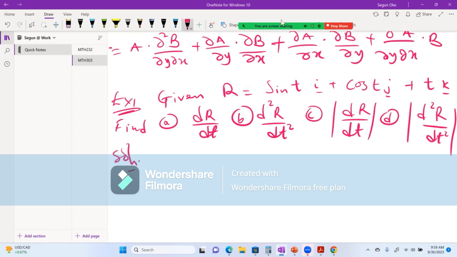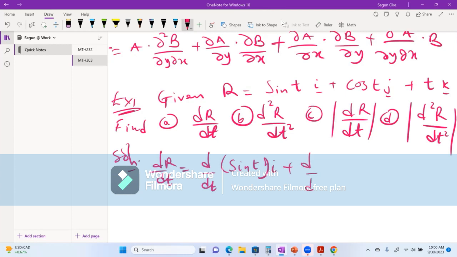Solution. Now, let's solve this. So we have the R, the t. What does it mean? It simply means d dt of I sine t, which is our I, plus d dt of j, plus d dt of t. Right. So when you differentiate sine, what do you have?